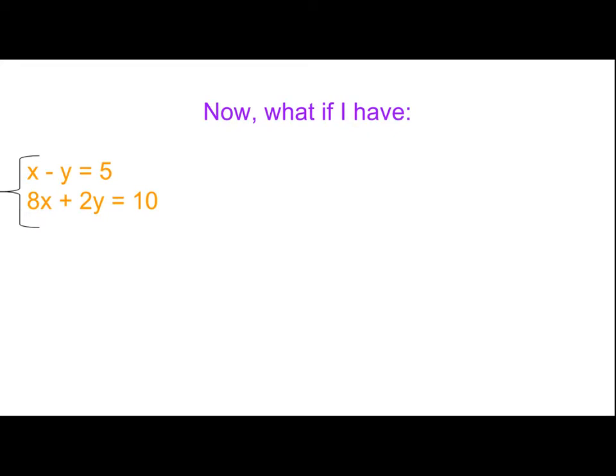So I'm going to take this guy right here and I'm going to solve for x. So then I'm going to add y on both sides and I get x equals 5 plus y. So now I've solved for my x. Then I can use my x as my equation to help and substitute in for my other equation.